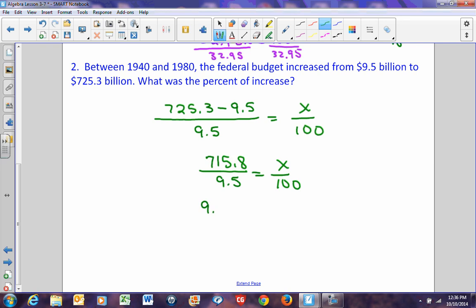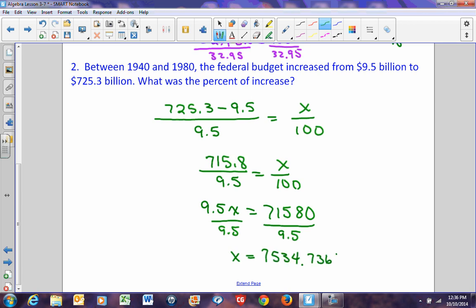Cross multiply: 9.5x equals 7158. Oops, 71,580. Take 71,580 divided by 9.5, and you will get x is equal to 7534.7368.